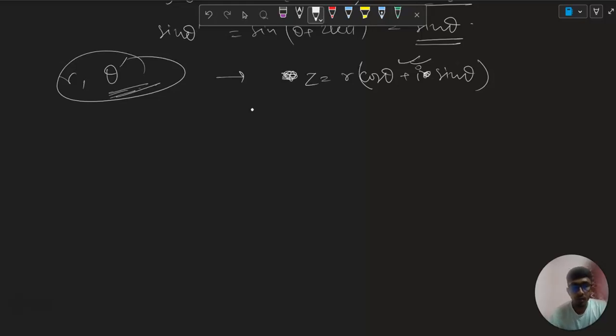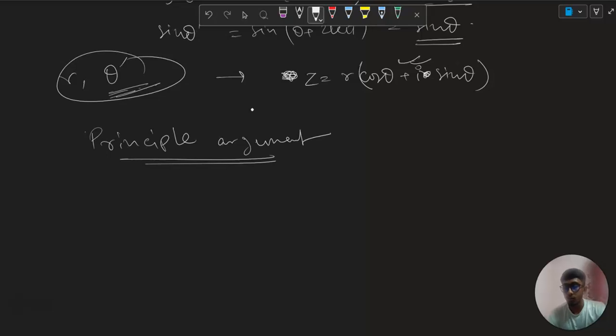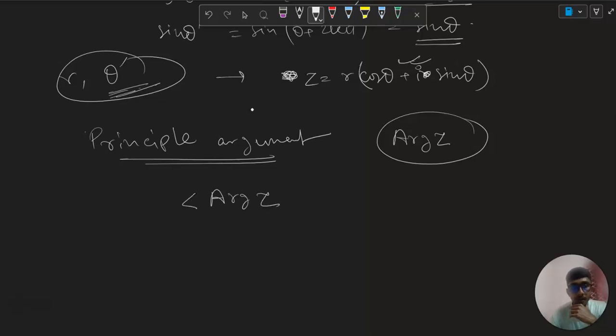That's why, because of this, we need to define the principal argument, which we denote by capital Arg of z. This is the unique representative. The values of this argument of z will lie from minus pi to pi.